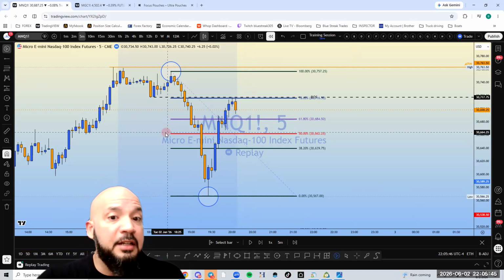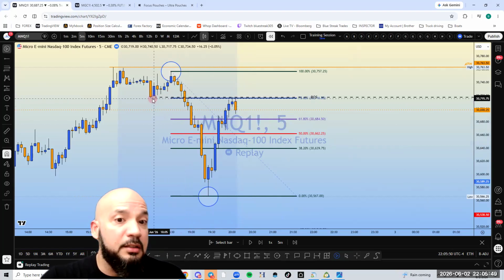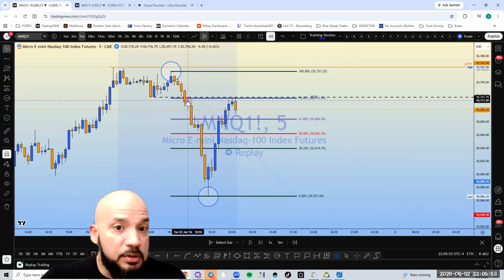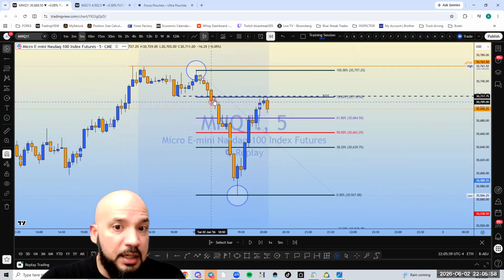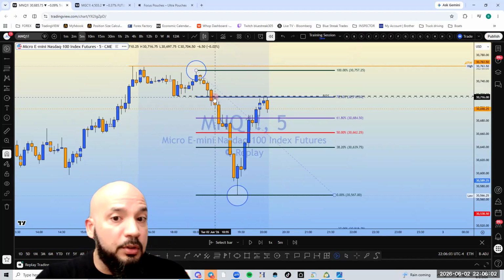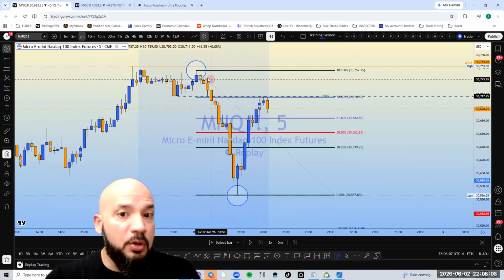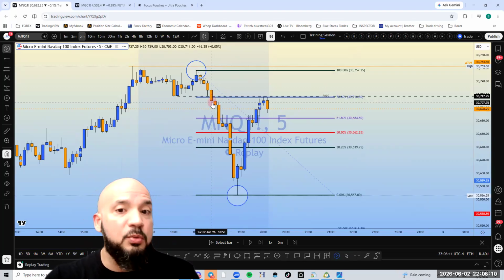The only reason I know that I should start looking for shorts is because the market decided to break structure and close to the downside. This little indication right here signifies to me that the market may want to go short. Now, it could still do this and then continue up, or it could just go sideways as well. But in this case, the market decided to go short.